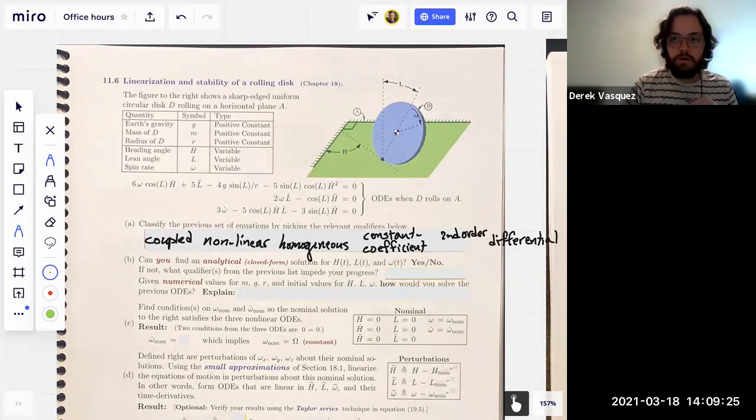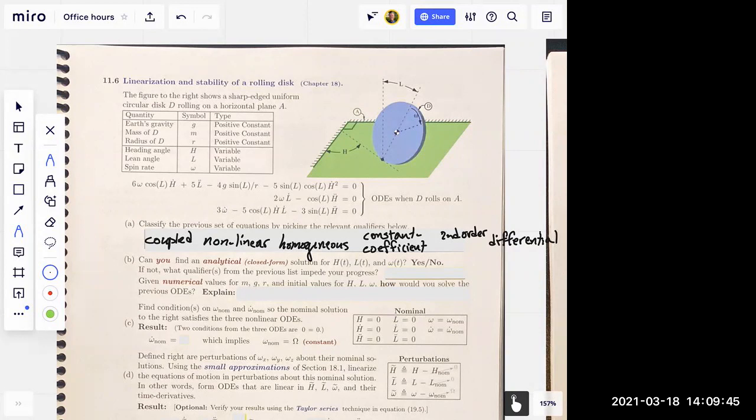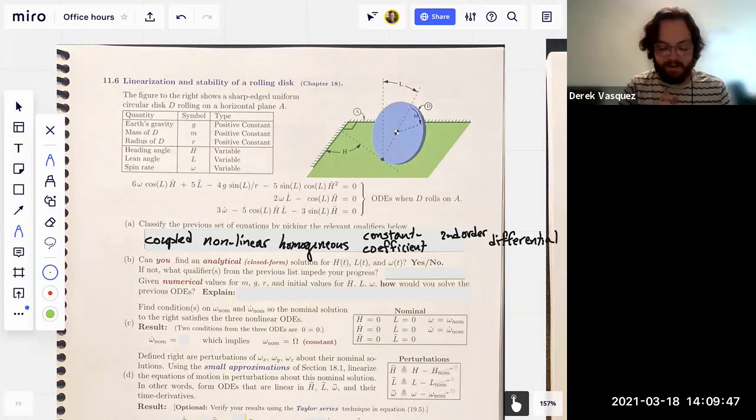So, let's see. So part B, can you find an analytical or closed form solution for h of t, L of t, and omega of t? If we linearize it, maybe. Right, exactly.